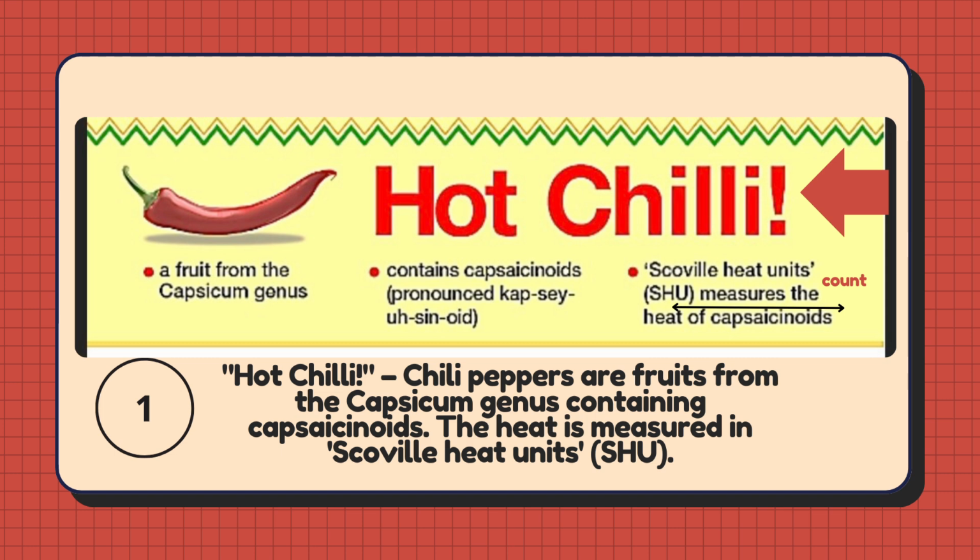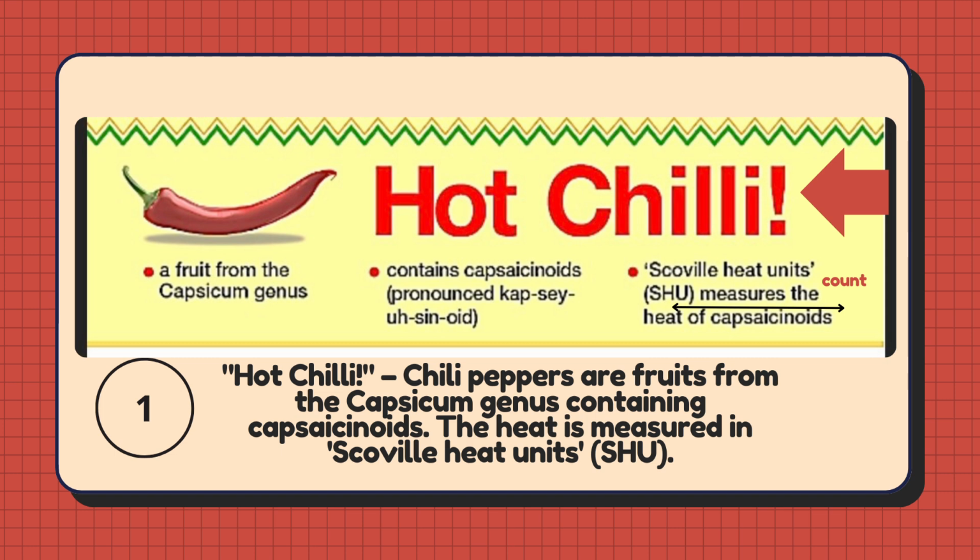And from the second part, it contains capsaicinoids. So this word, capsaicinoids, if you look at it, it seems to be a scientific word, and it has something to do with the capsicum.